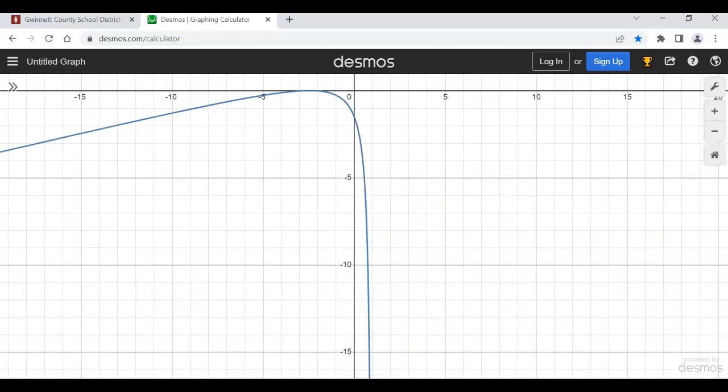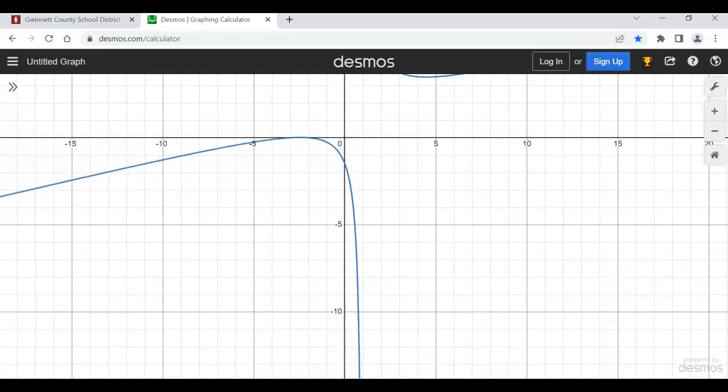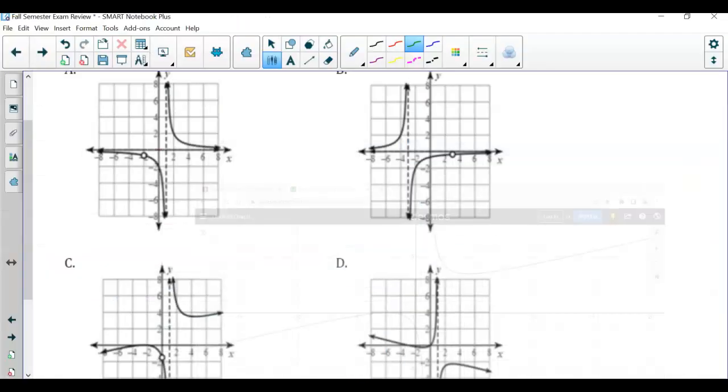So I'm going to start here at that vertical asymptote, that dotted line here, getting closer and closer, but never reaching x is equal to 1. So this graph has x is equal to 1, but B does not. So B is not our answer. C does have the vertical asymptote.